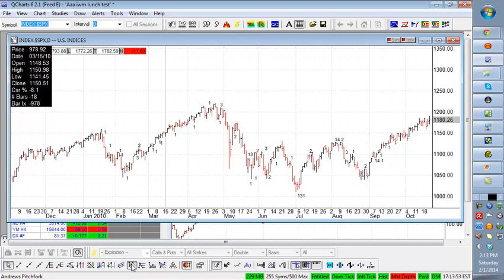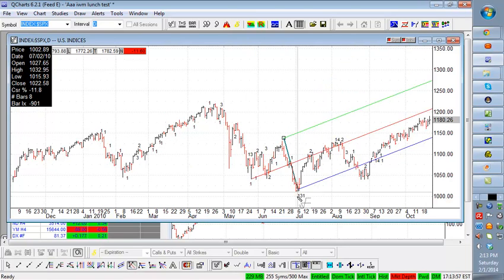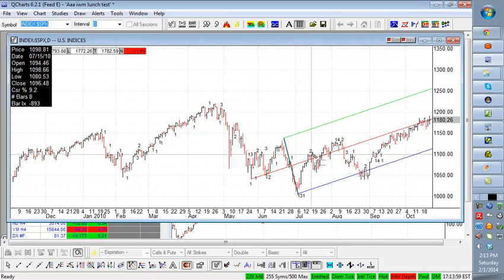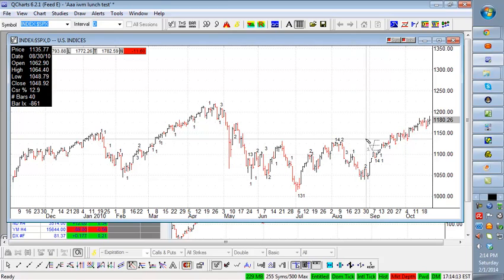To draw the pitchfork, you take a low point, a high point, and a low point. And the theory is that 80% of the time prices make it to the median line, and it's fairly useful for having an idea of sorts of what the trend is. Okay? That's the basics of it.